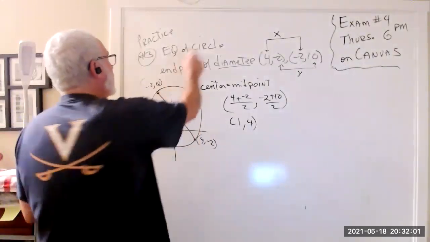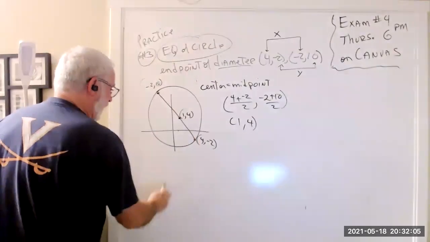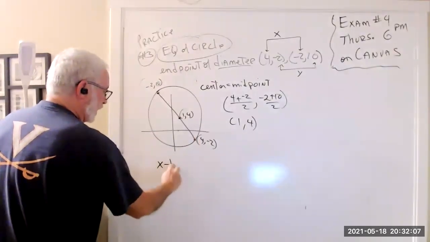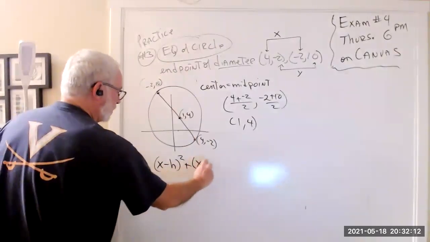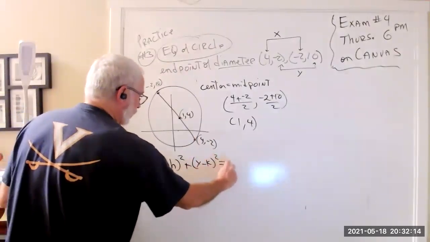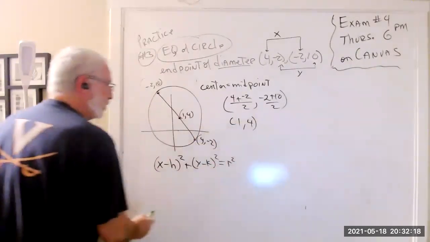Well, it tells me my equation of a circle. This is where you have to have it. Remember, a circle looks like (x minus h) squared plus (y minus k) squared equals r squared. So what I've just figured out is the 1 and the 4.